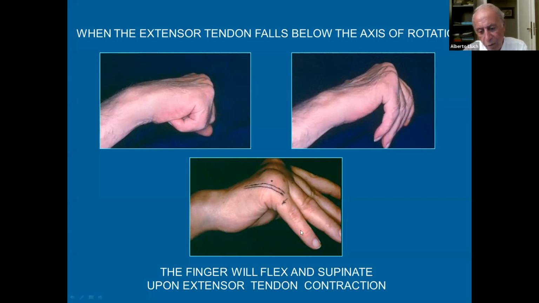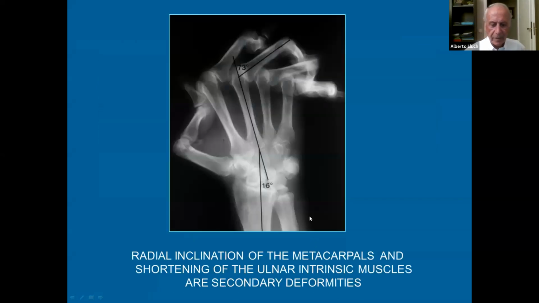So with one finger, you can correct the position of the finger, correct the supination, and correct the flexion deformity, and ask the patient to extend it, and you will see that the finger supinates and flexes, because the extensor tendon is not placed where it should be. So the effect on the MP joint is ulnar inclination, flexion, and supination of the finger.